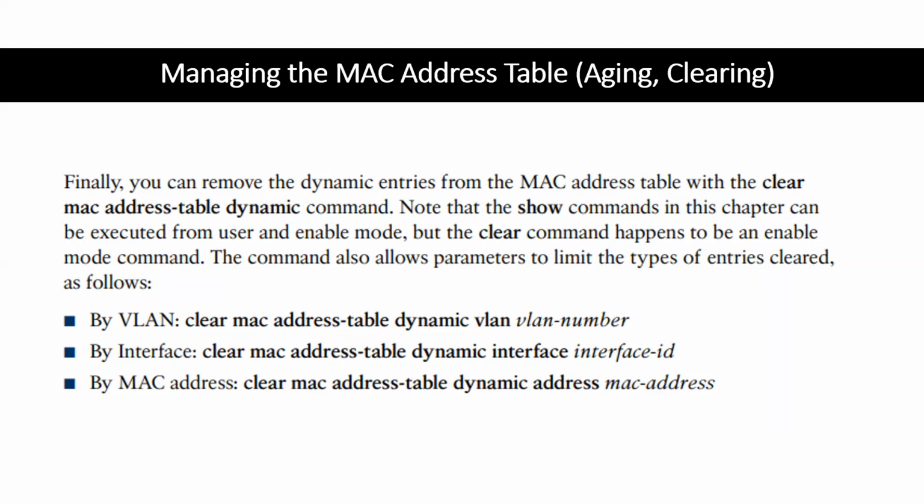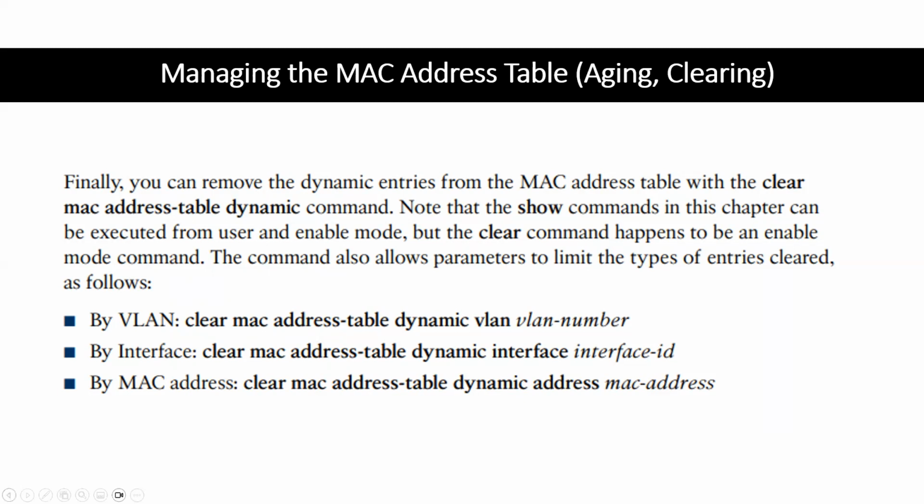So of course, you can see those commands below. So by VLAN, clear MAC address table dynamic VLAN, et cetera. Or by interface, clear MAC address table dynamic interface, boom, and of course the interface ID. And by MAC address, clear MAC address table dynamic address, boom. So let's go ahead and do that, okay?